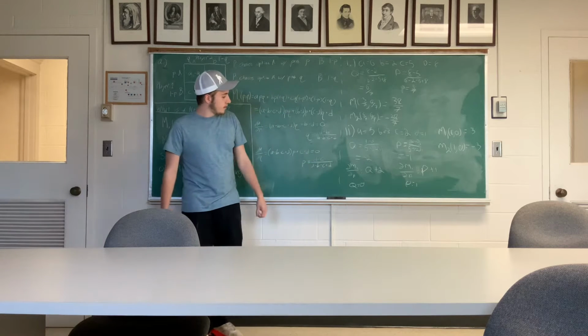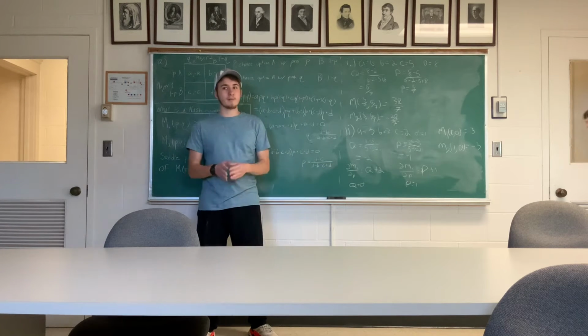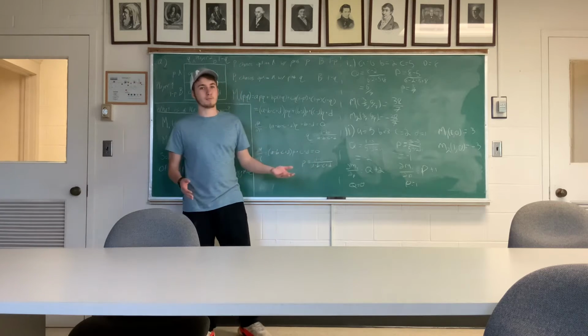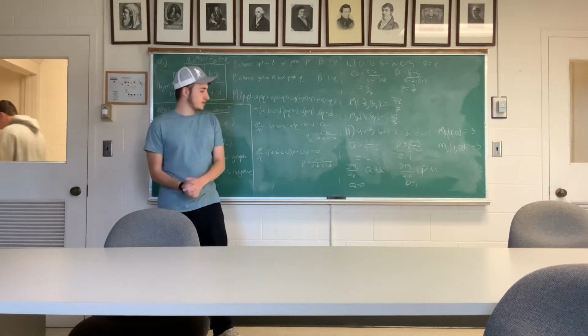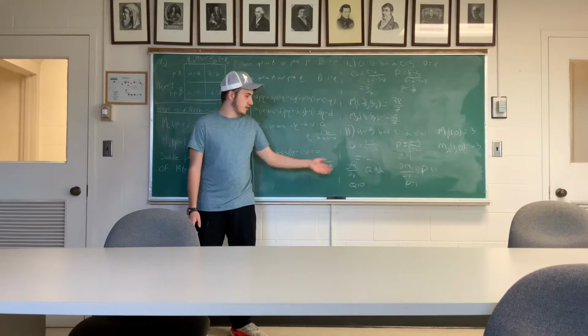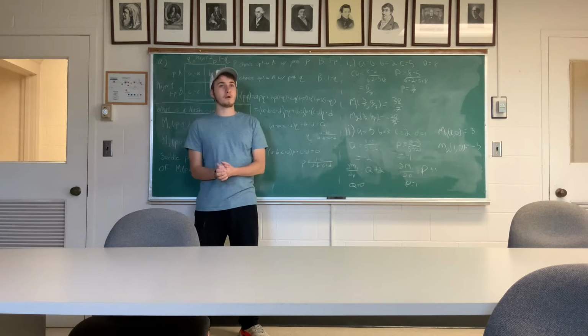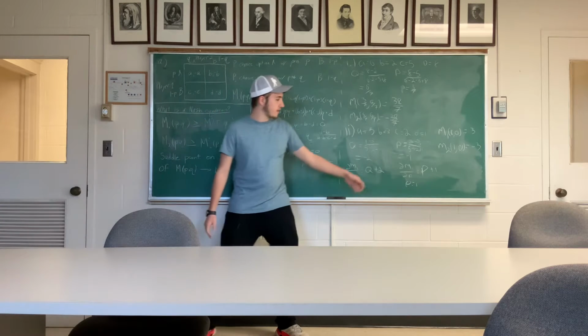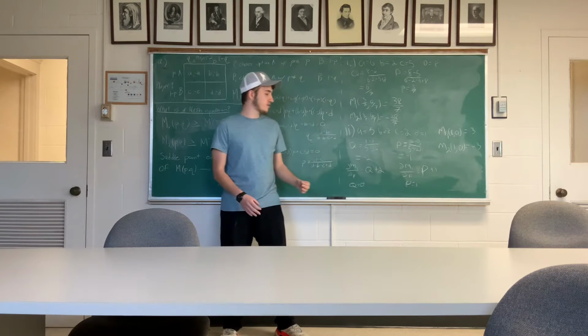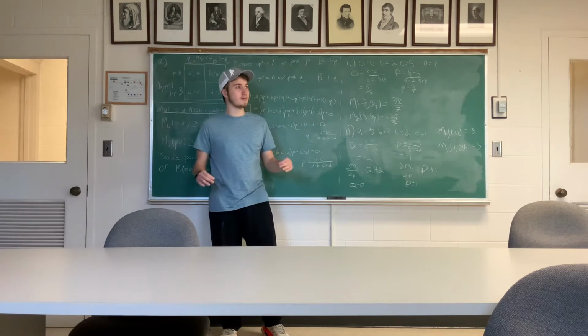Player 2 is going to want to minimize Q in order to minimize player 1's payoff, so they want Q to be 0. Now player 1, who only has control of P, is going to maximize his payoff, so he's going to pick the maximum value for P, which is 1.